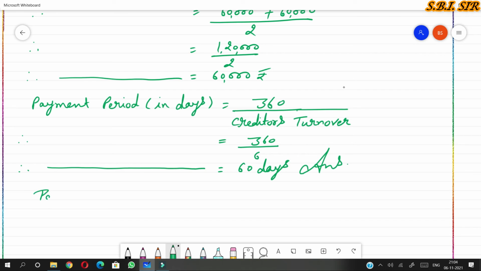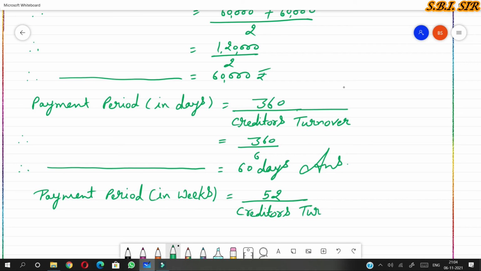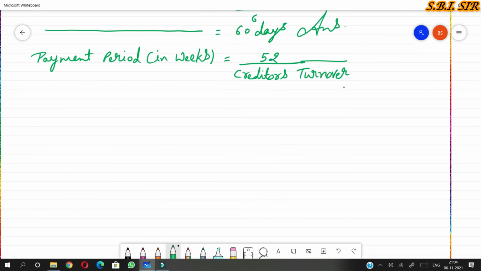Then we have to find out payment period in weeks. In a year there are 52 weeks. 52 divided by creditors turnover. 52 divided by 6, we will get 8.67 weeks. This is the payment period in weeks.